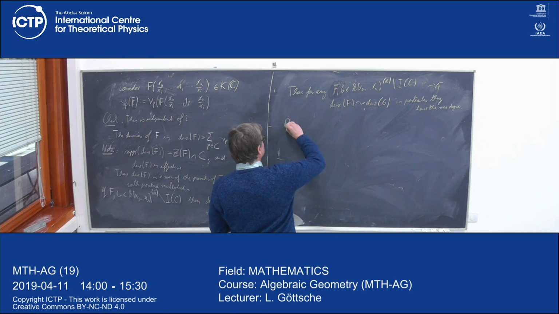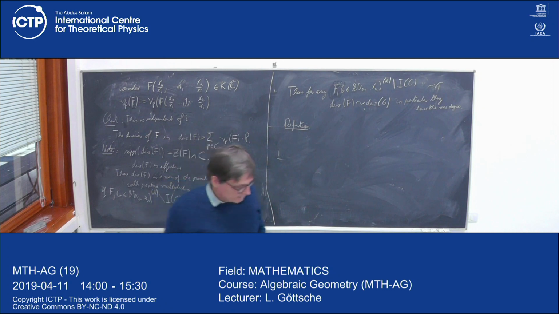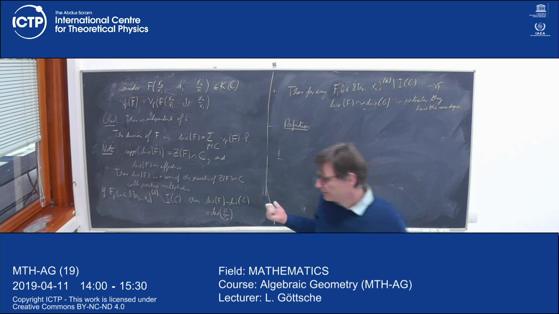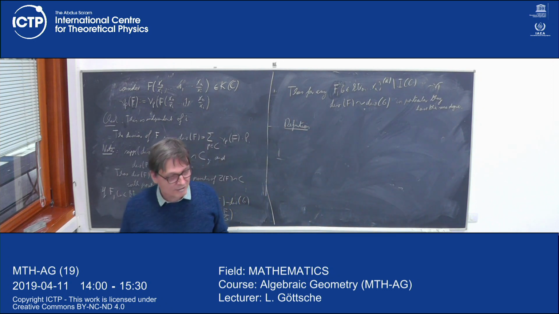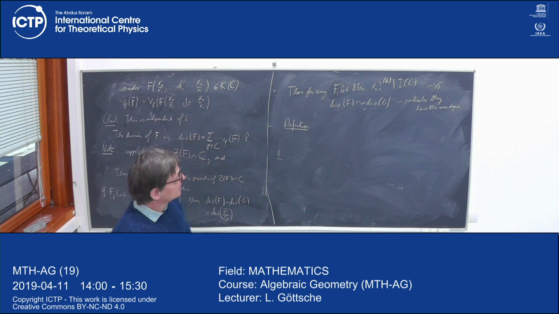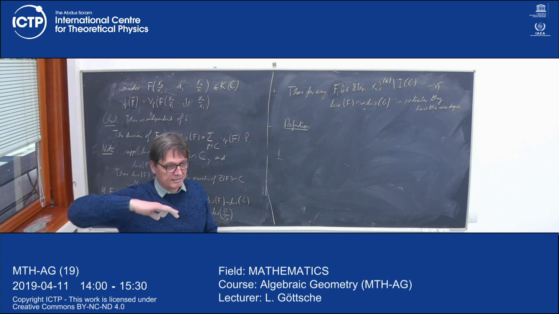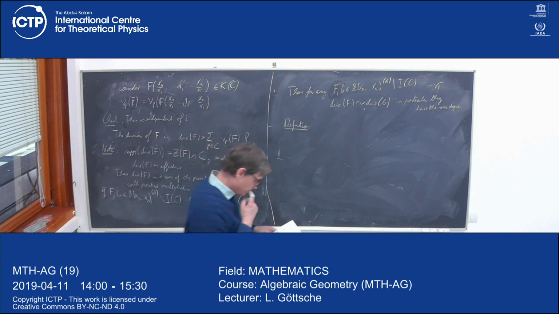So now I can define what the degree of a curve is. I expect you imagine that for a curve in P2, the degree should be the degree of the equation of the curve. But what now if the curve instead lies in a higher dimensional projective space?